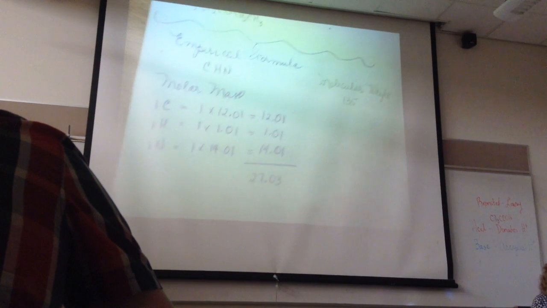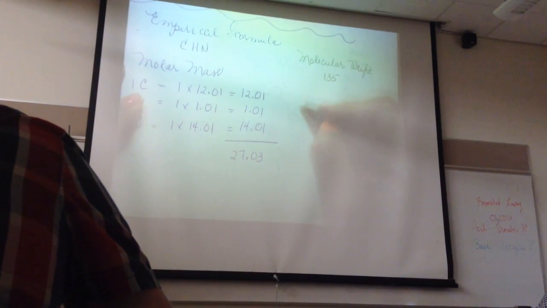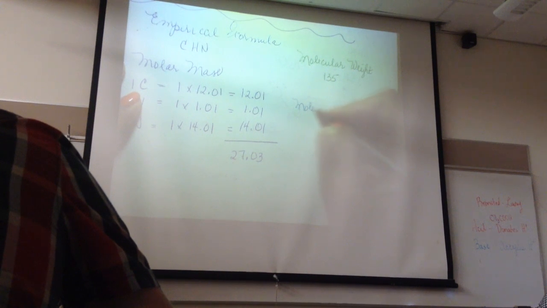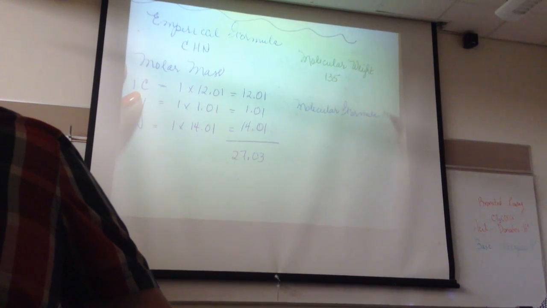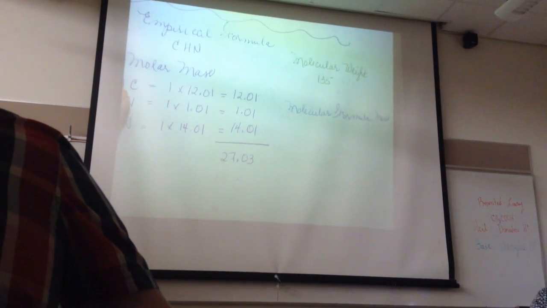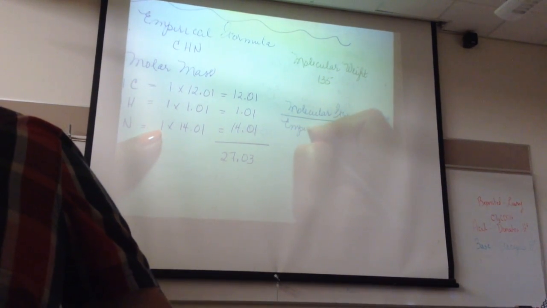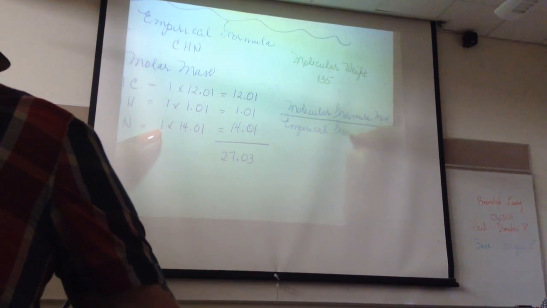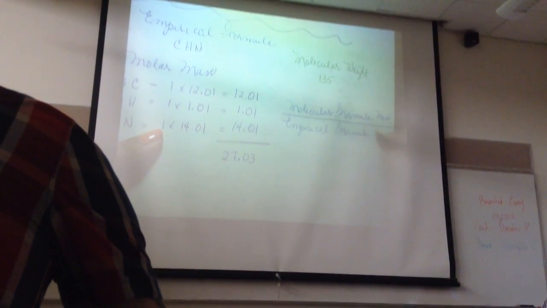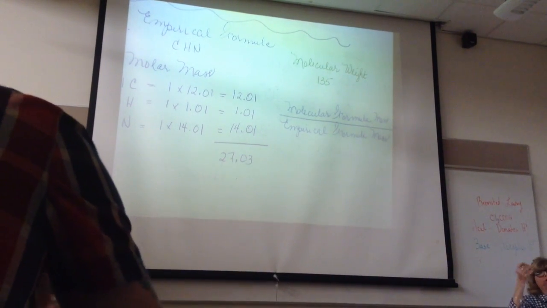There is something that says, if you put the molecular formula mass over the empirical formula mass, you're going to end up getting a number.